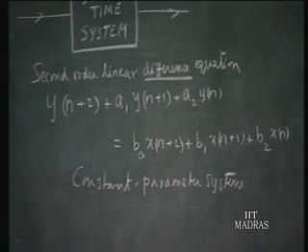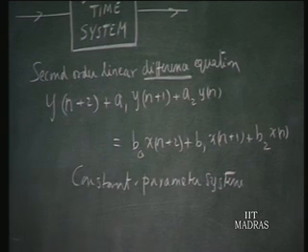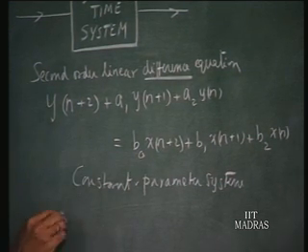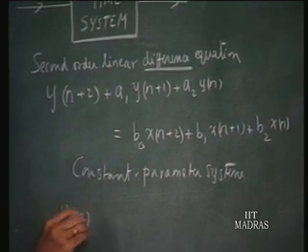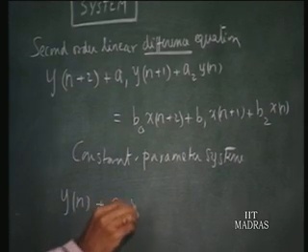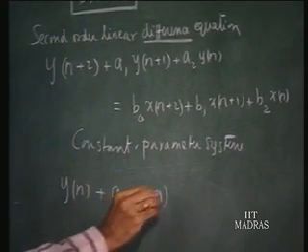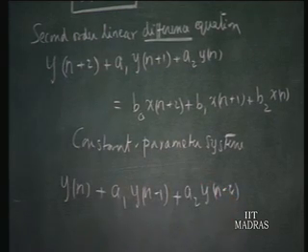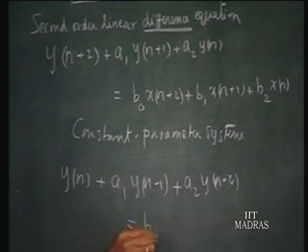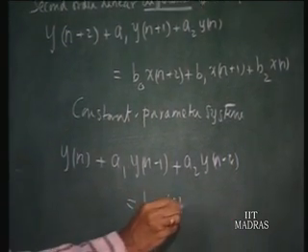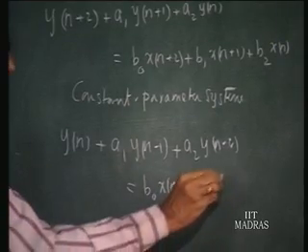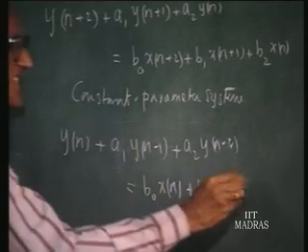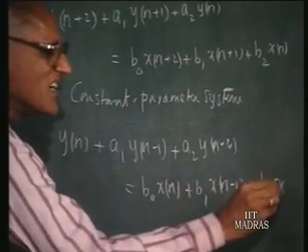So a linear second order difference equation will be of this type. You can also put this alternately by stepping down the argument by 2 units. You can write this as y[n] plus a1 y[n-1] plus a2 y[n-2] equals b0 x[n] plus b1 x[n-1] plus b2 x[n-2].